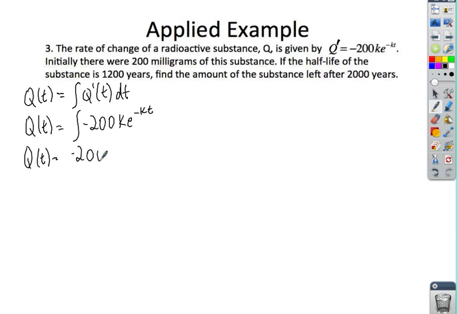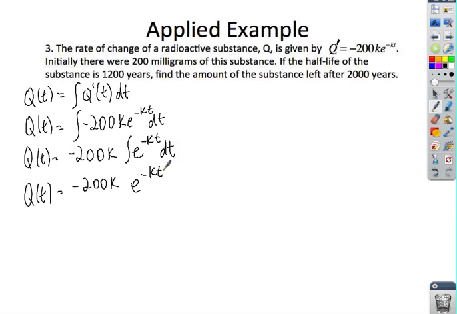So this would be negative 200k times the integral of e to the negative kt. Also realize that t is our only variable, k is a constant in this case. And I should have dt in here. We're really just integrating the function e to the negative kt with the constant negative 200k in front. So negative 200k, the integral of e is itself, e to the negative kt.